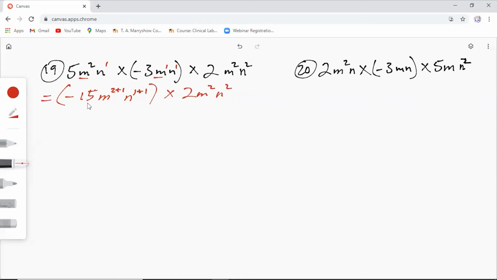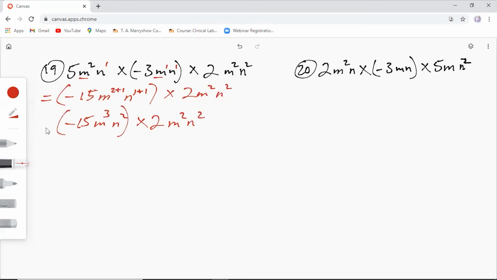Simplify that. m to the power of 2 plus 1 is the same as m cubed, so we get negative 15 m cubed n squared, because 1 plus 1 is 2. Good. Times 2m squared n squared.